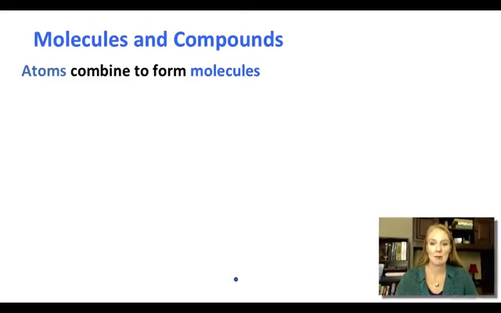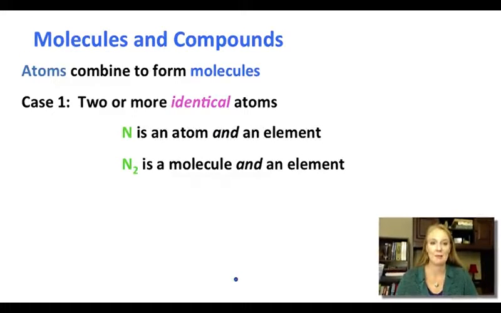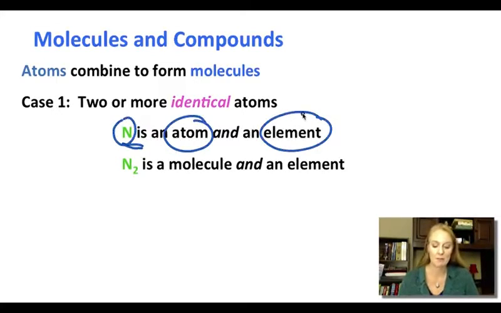So here's an example. There's a couple of different cases. We could have the case where 2 atoms of the same type of element combine to form a molecule. For example, the symbol N is for nitrogen, so if we just had the symbol N written, that would be a nitrogen atom, which is also an element. So the symbol N is an atom and an element.